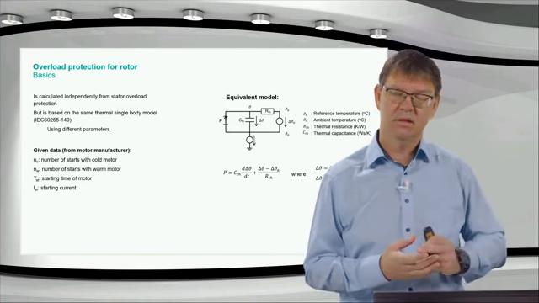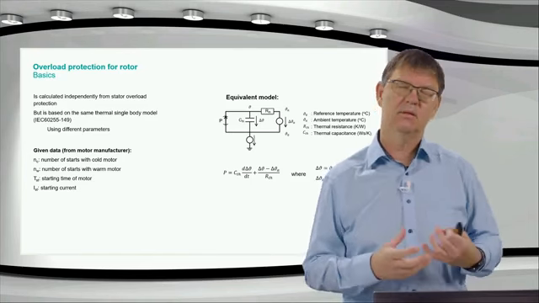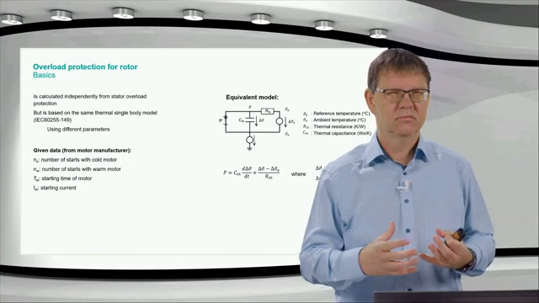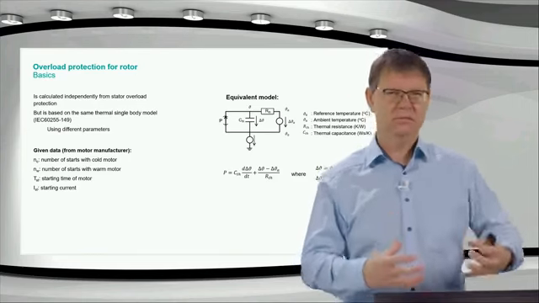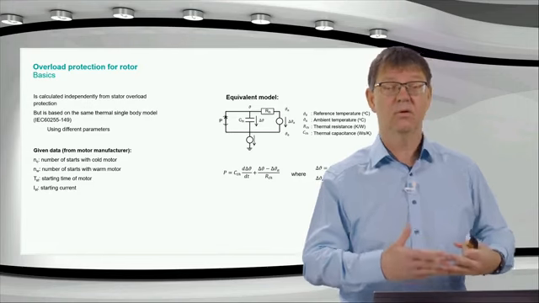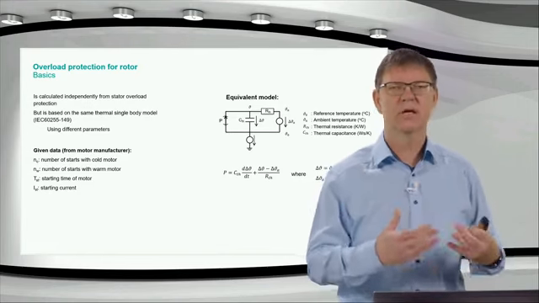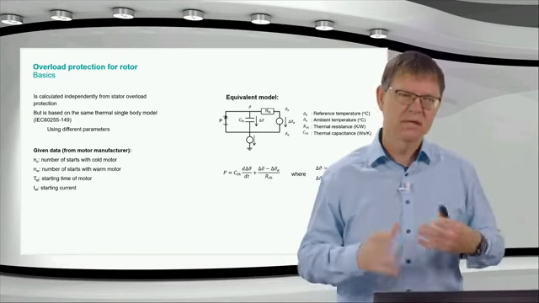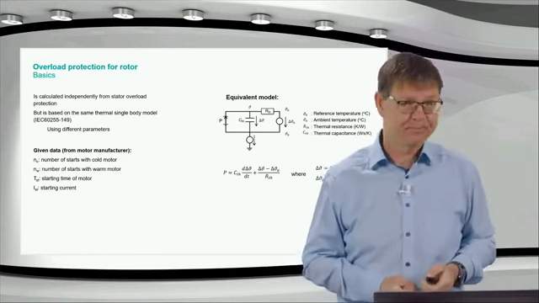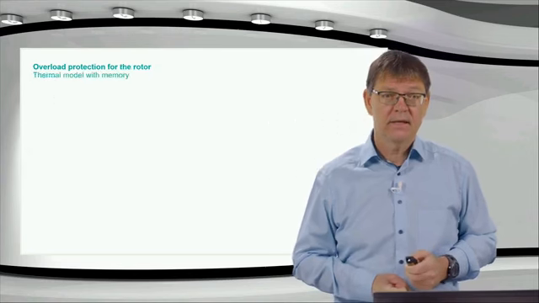Means normally you get the data: you have a starting time, a starting current, and based on this situation, you can start a motor so many times from cold and from warm start. So these four belong together.